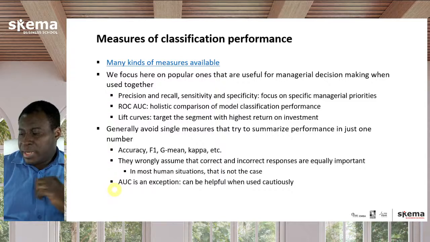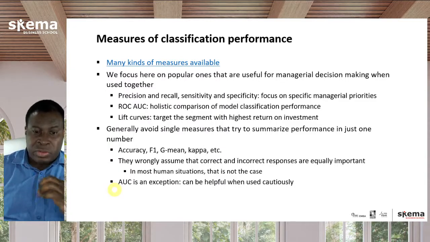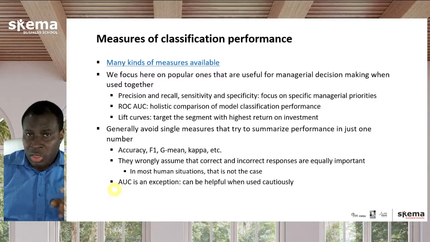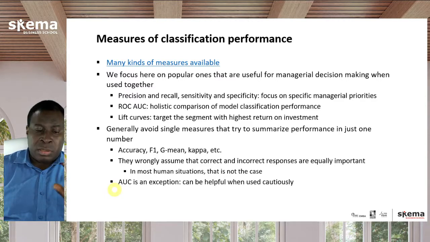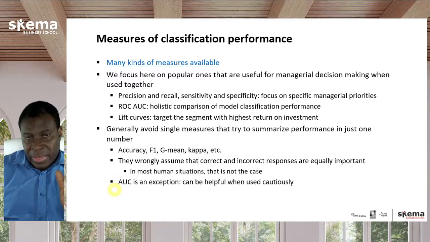A notable exception is AUC, area under the curve. In other videos, we'll see how that can be quite helpful when used cautiously, not as a number that tells you what to do, but as a base from which to deviate according to managerial priorities.